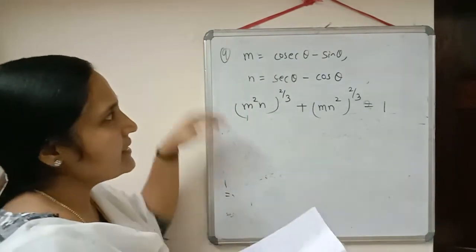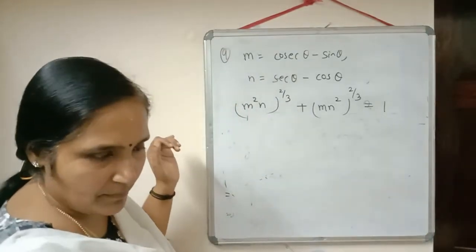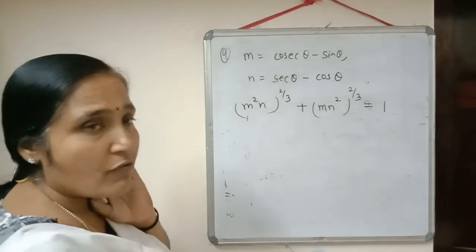So this information is given. First we can simplify it and we can check what will come there.